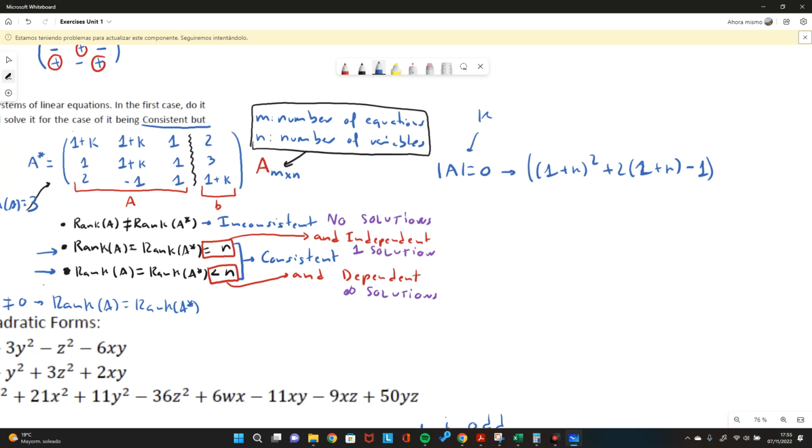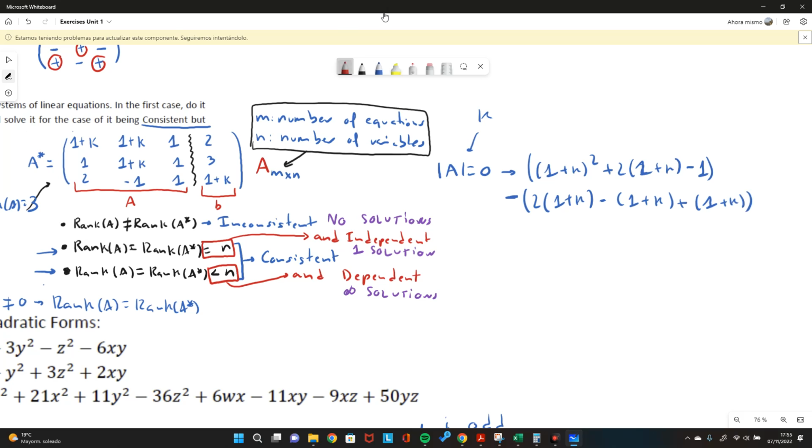This is the first factor of our determinant, and the second is 1 times 1 plus k times 2, so this is 2 times 1 plus k, and here is 1 times minus 1 times 1 plus k, so this is minus 1 plus k, and the last one is 1 plus k times 1 times 1, which is plus 1 plus k.